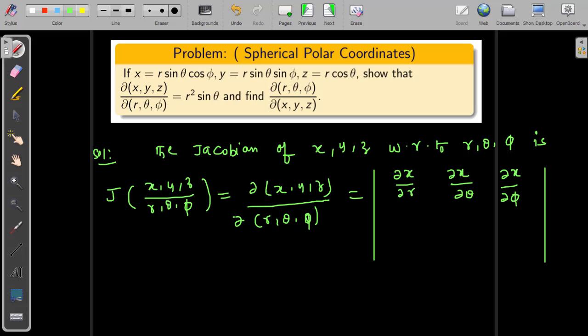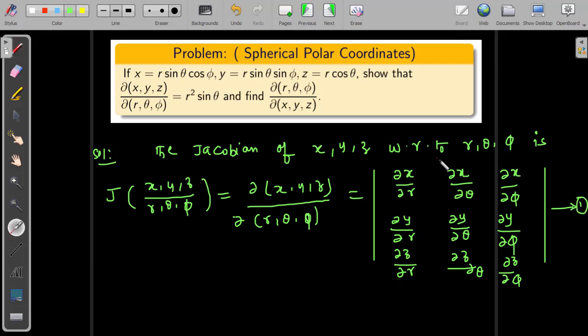Similarly the second row: dou y by dou r, dou y by dou theta, dou y by dou phi. Third row: dou z by dou r, dou z by dou theta, dou z by dou phi. Let us call this equation number 1.